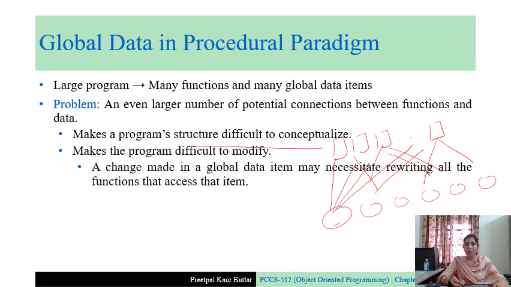It also makes the program difficult to modify. Why? Because a change made in a global data item may necessitate rewriting all the functions that access that data item.